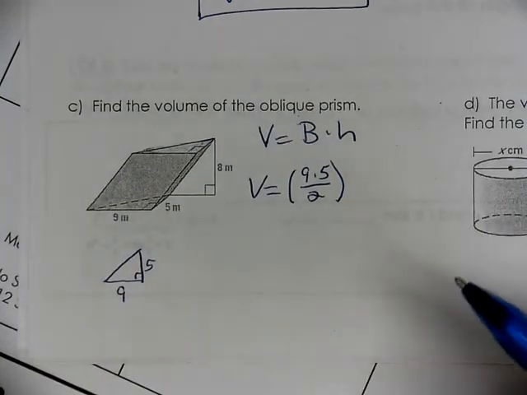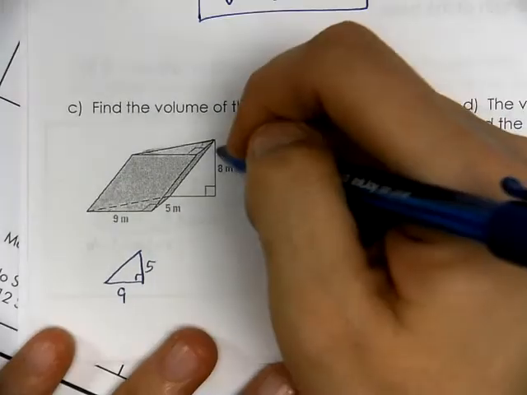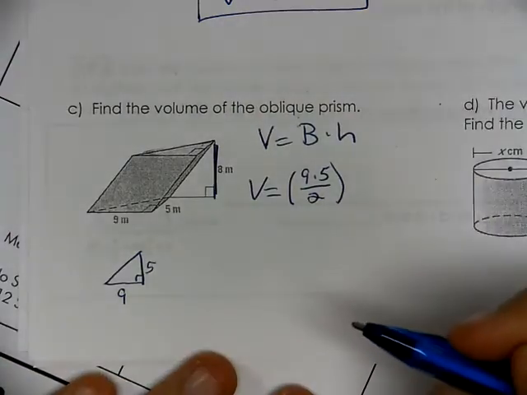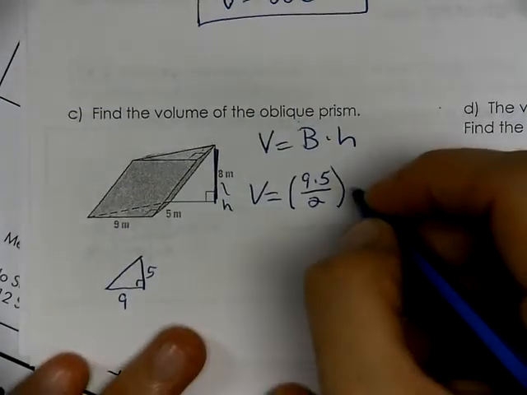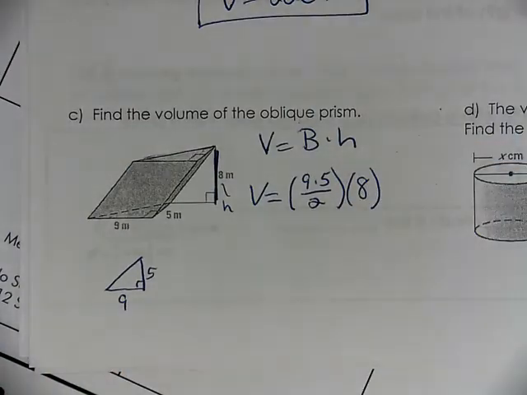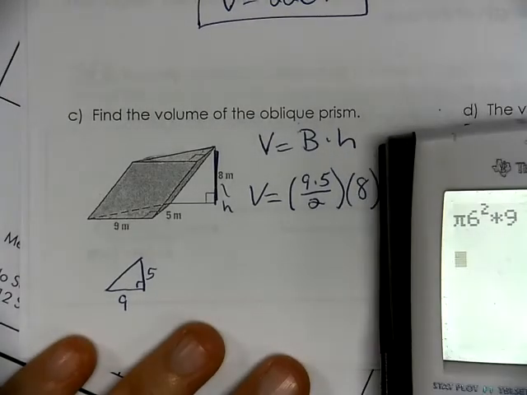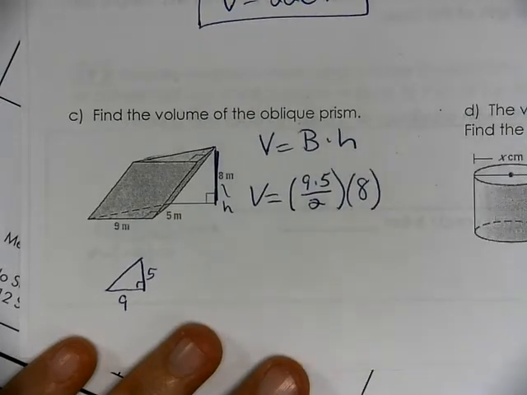The height of this oblique prism is 8, because it's the 90-degree angle one. So 8 is still the height. So we're good. We don't have to do SOHCAHTOA or anything else. 9 times 5 divided by 2 is 22.5.